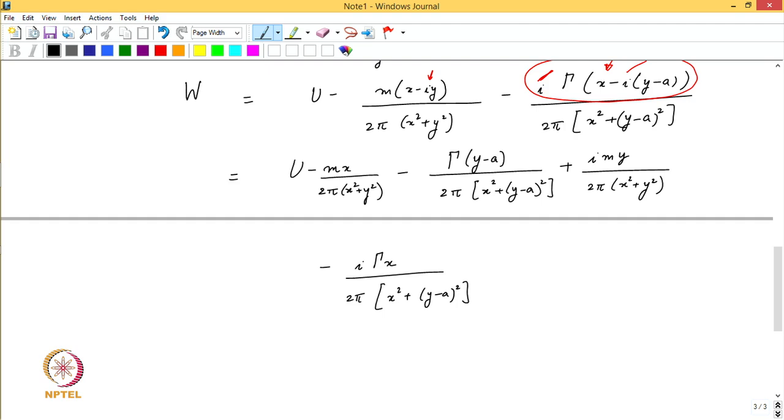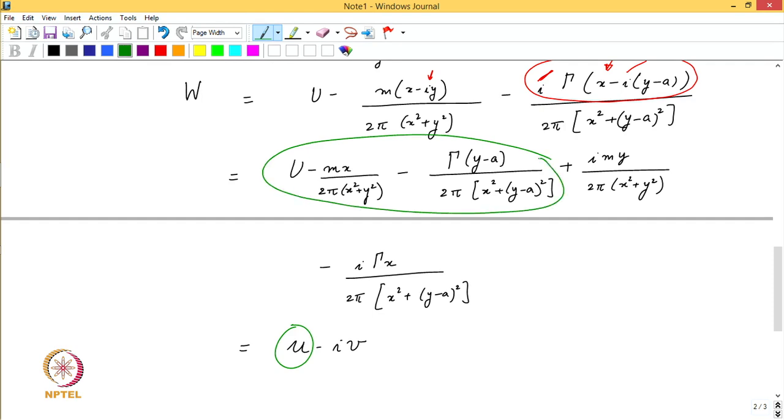So, this now we can write as u minus i v, and you can note that u is given by this part, and v, or I would say minus v, will be given by this part plus, or rather minus this part.